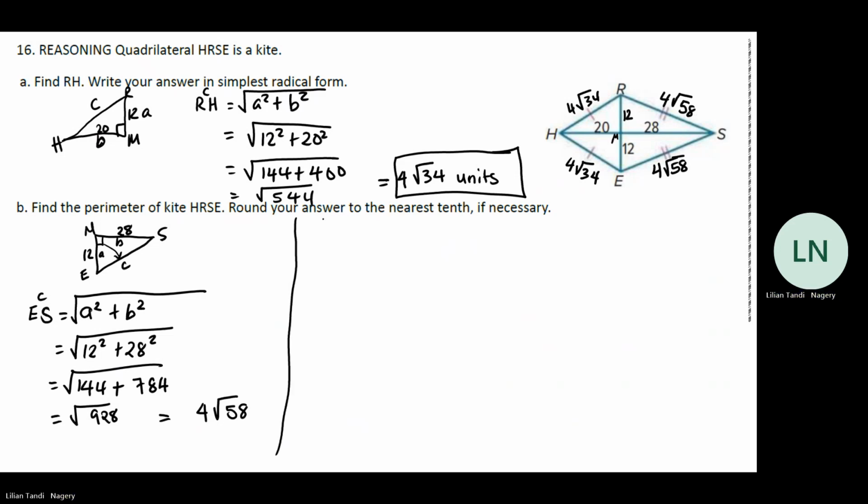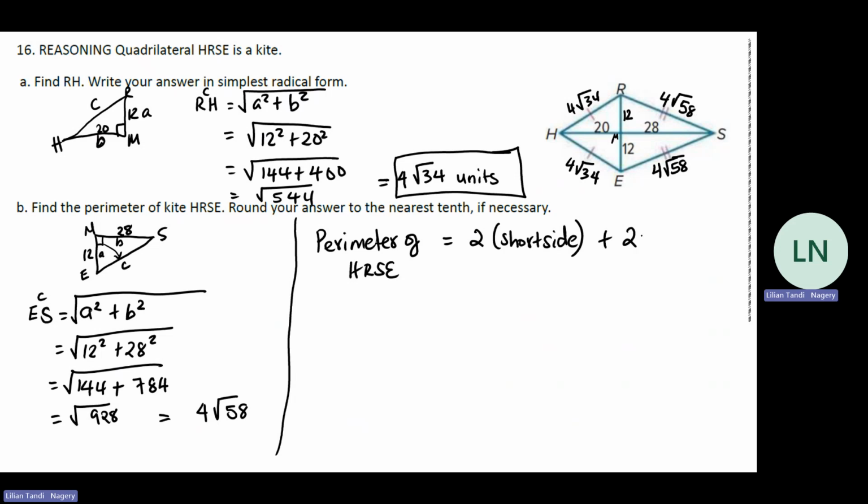Now, the perimeter of HRSE equals 2 times the short side. You can do it also this way, plus 2 times the long side. If you don't want to add, you can just do it this way.